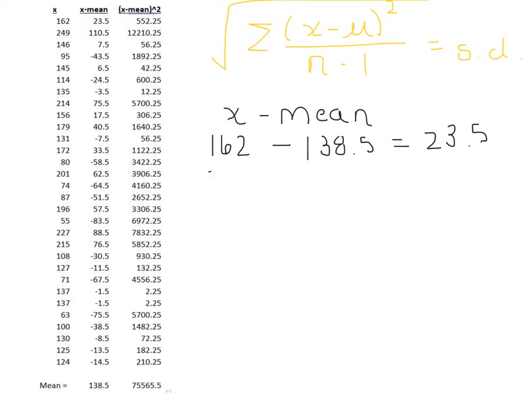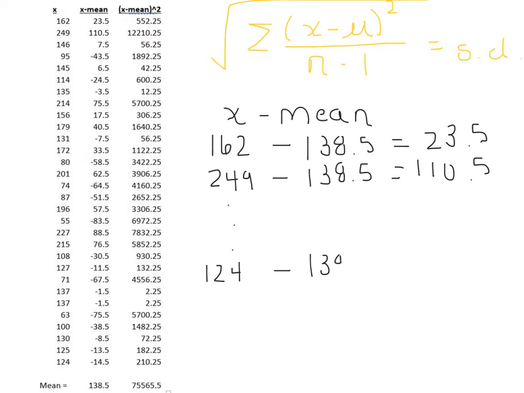My next value of x was 249. I subtracted that mean again of 138.5, and I got a difference of 110.5. And I continued to do that for all 30 individuals in my sample, the last of which had 124 friends, I subtracted the mean of 138.5, and I got a difference of negative 14.5.